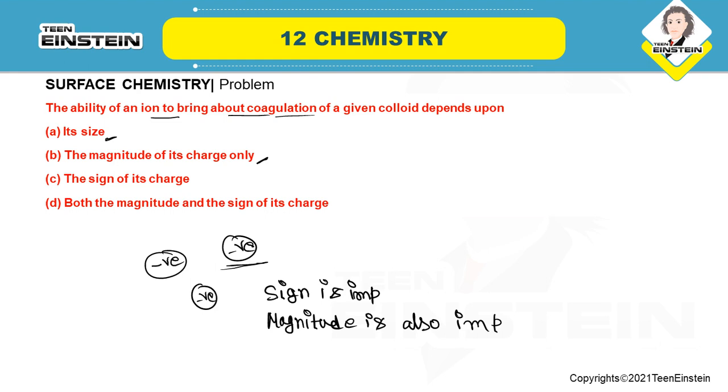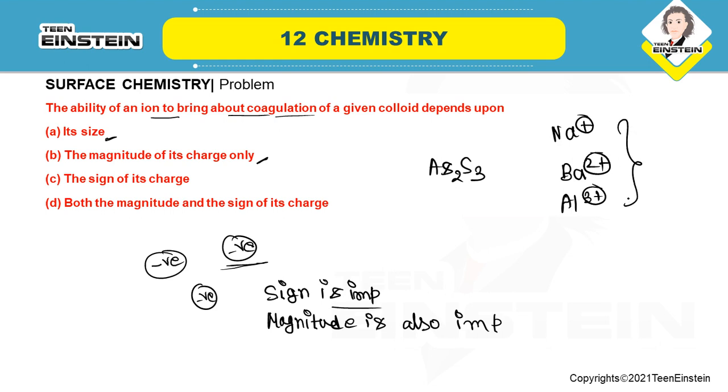So if the colloid is negatively charged, for example As2S3, arsenic sulfide, suppose we are using electrolyte containing Na+ or Ba2+ or Al3+. So sign is important, that means all are positive, that is fine, but their magnitude is different. But magnitude also matters, because greater is the valency, greater will be the coagulating power. That means magnitude also we have to be careful.